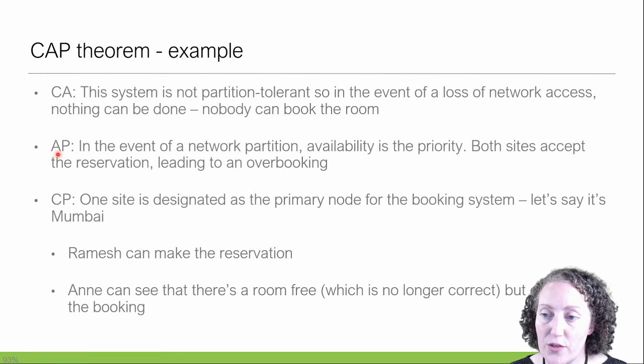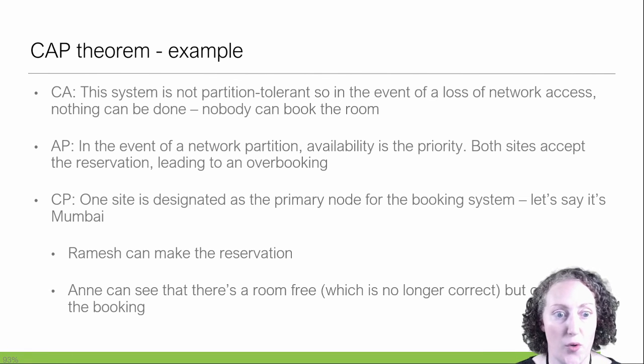In a system where we're trying to prioritize availability and partition tolerance, that means when our network partition happens, when the link goes down, we're going to prioritize availability. So we want all our sites to be able to continue their read and write operations even when the network link goes down.